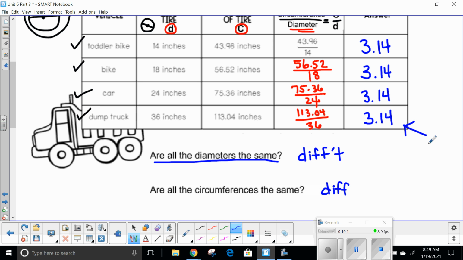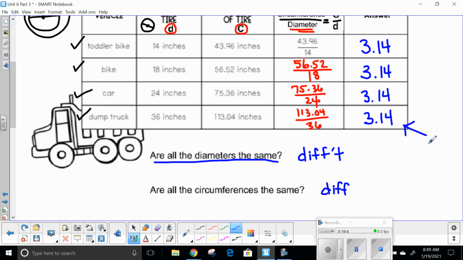Guys, hear me out, because I guarantee you this will be one question on the test. I guarantee it. Pi is always equal to, if I have a circle, the relationship between the circumference as it relates to its diameter.